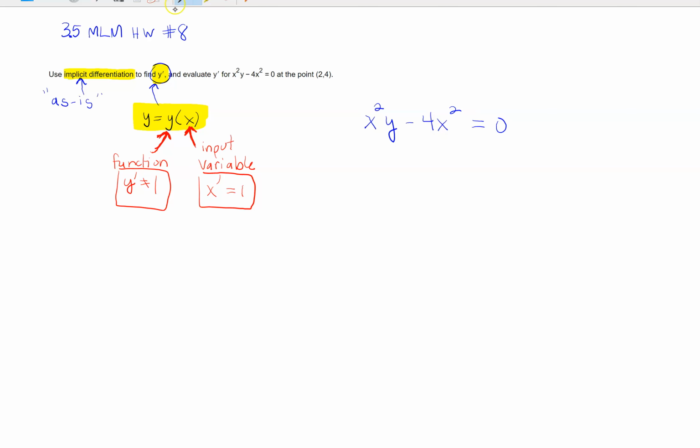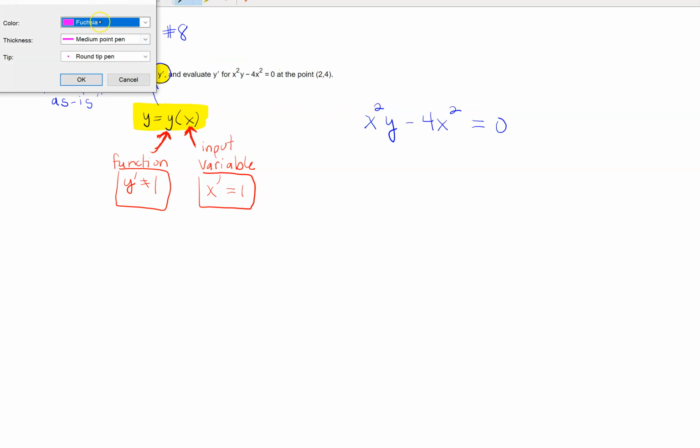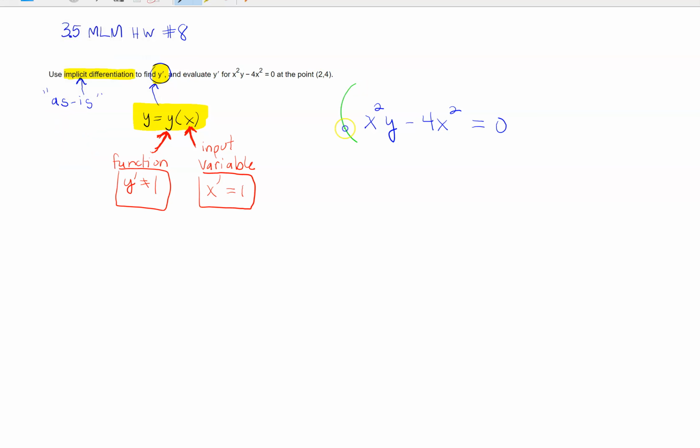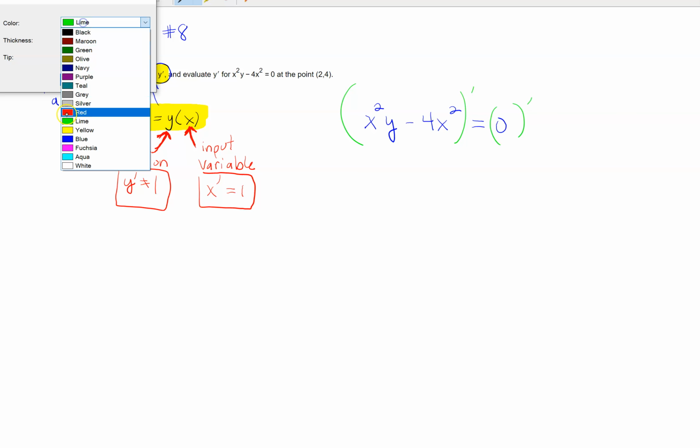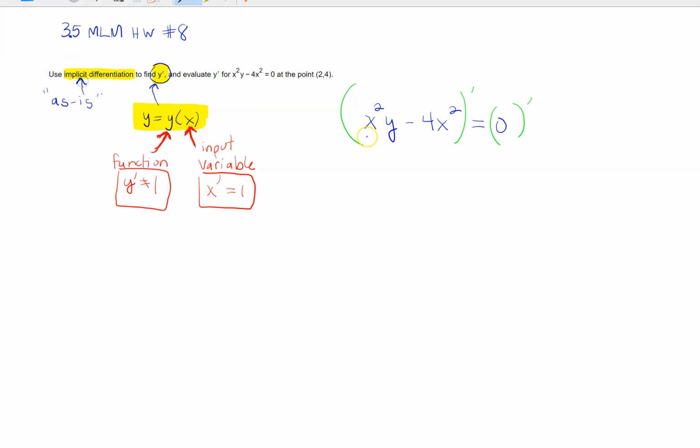Okay, so let's go ahead and take our derivative implicitly. We're going to start by taking the derivative of the left-hand side and the derivative of the right-hand side, and we'll go piece by piece. The first term here is x squared times y. There are two different letters.